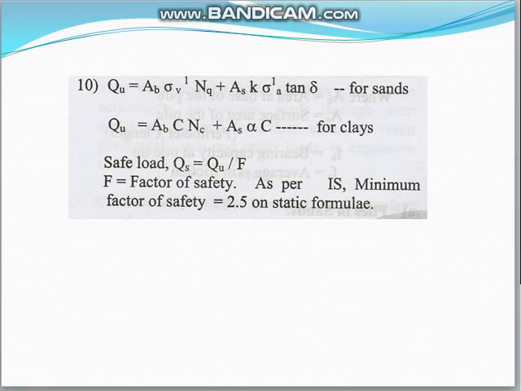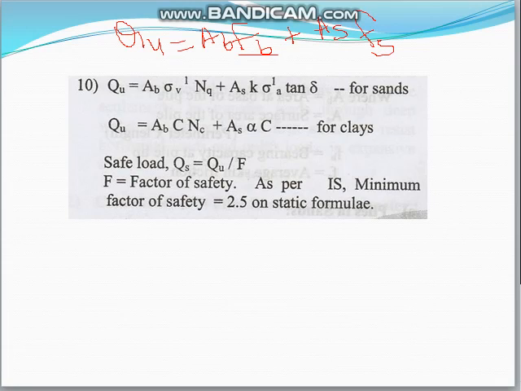So finally, the formula is given as, I told you, generally Qu is equal to AB into FB plus AS into Fs.